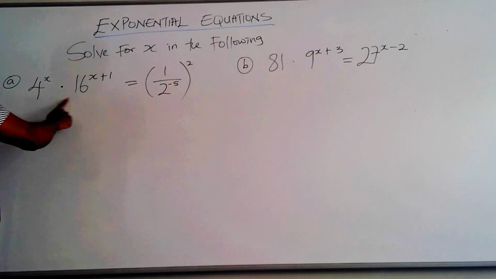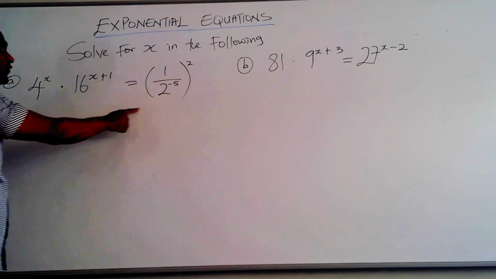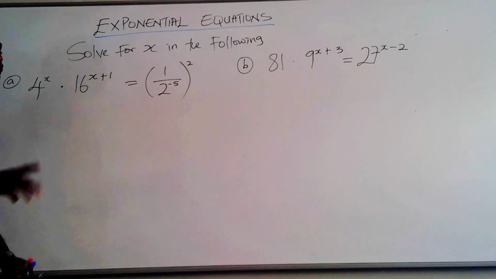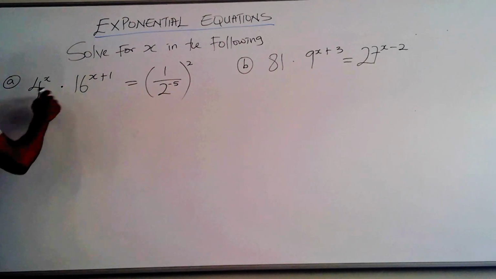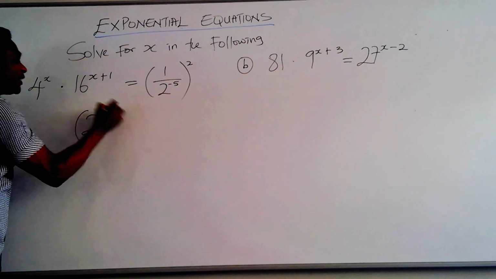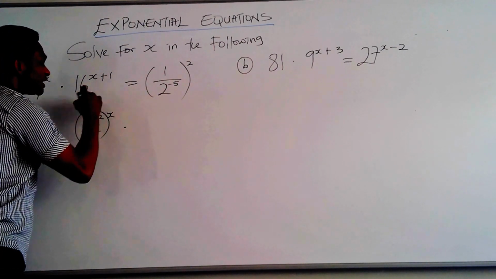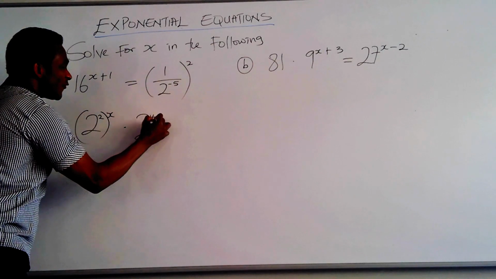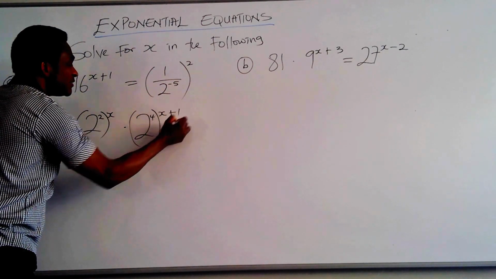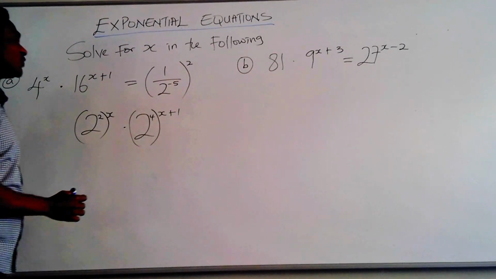Here we have 4, we have 16, we have 2. If you look at all of them, they can all be reduced to the base of 2. So we start working with that. 4 can become 2 to the power of 2, all to the power of x, and 16 can be 2 to the power of 4. Remember, all of it is raised to the power x plus 1.